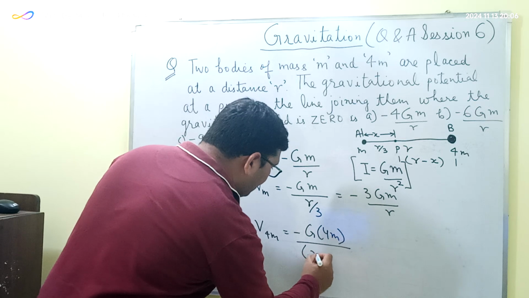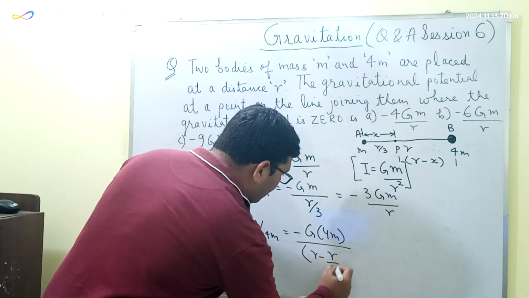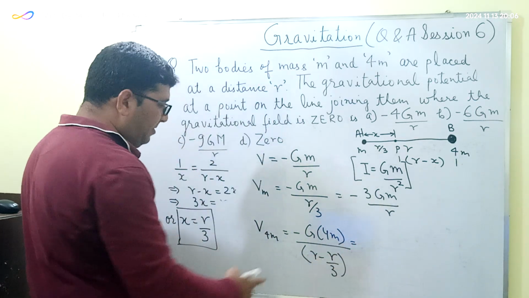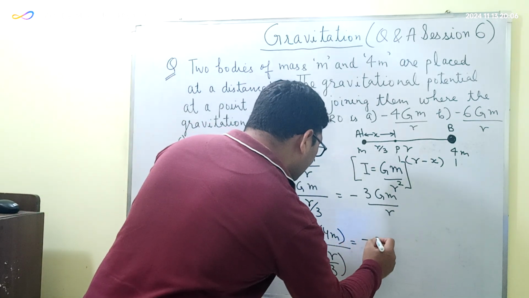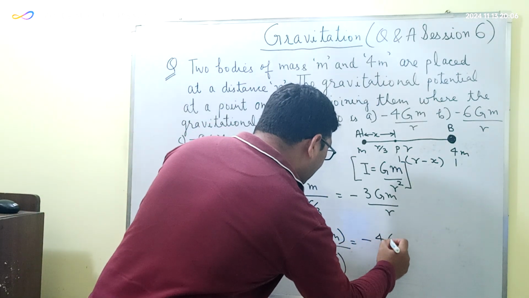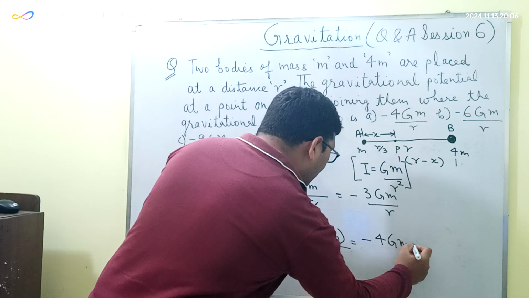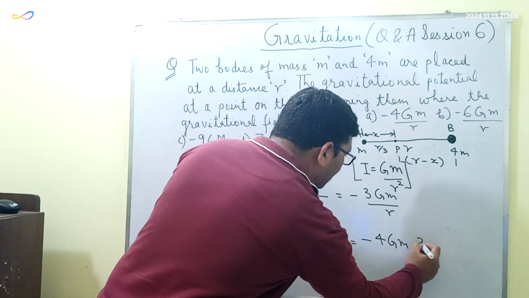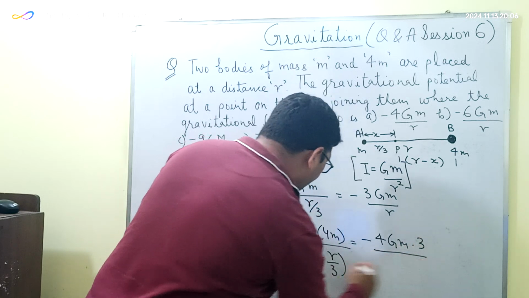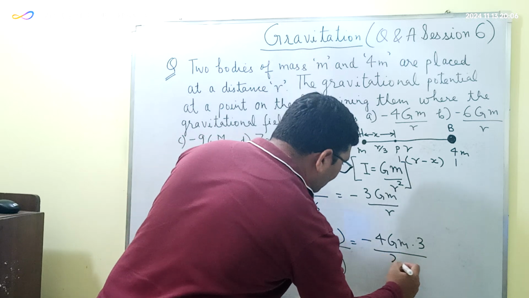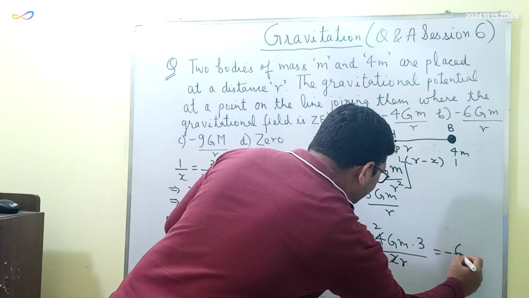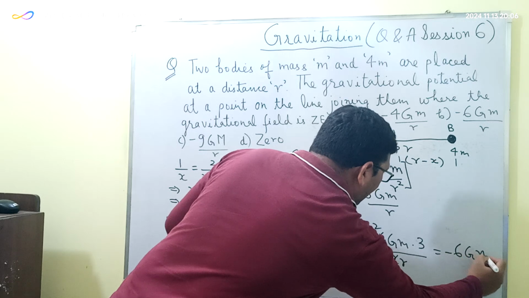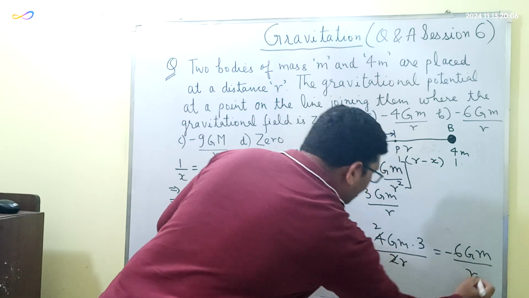So this is equal to minus 4 G m, and this 3 will go in the numerator, divided by 3r minus r, which is 2r. So this is equal to minus 6 G m by r.